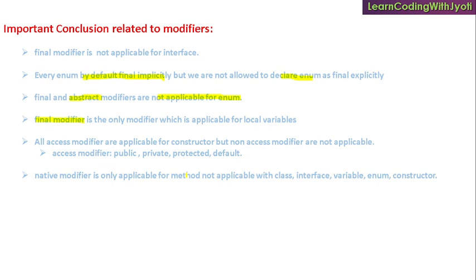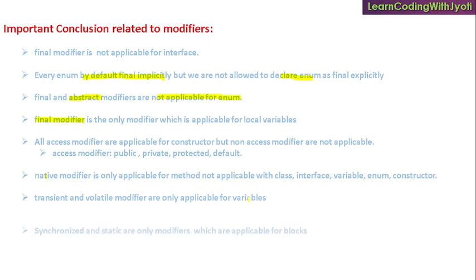We just use native with the method only. Let's see the next. Transient and volatile modifiers are only applicable for variable. So we can't use transient and volatile with the interface, enum, constructor or method. We just use these modifiers, transient and volatile, with variable only.